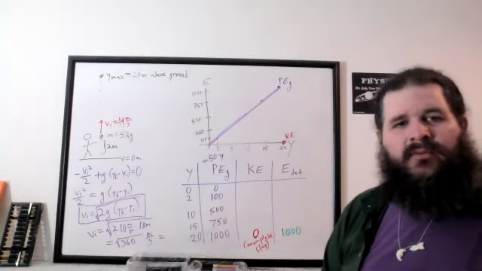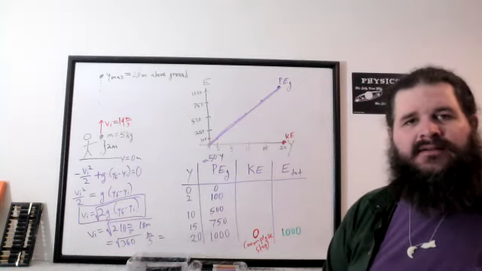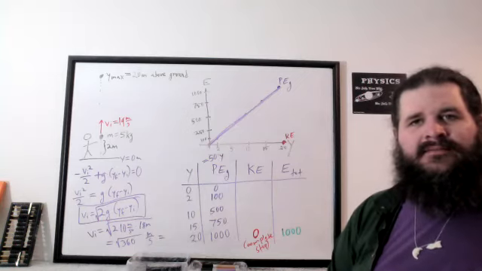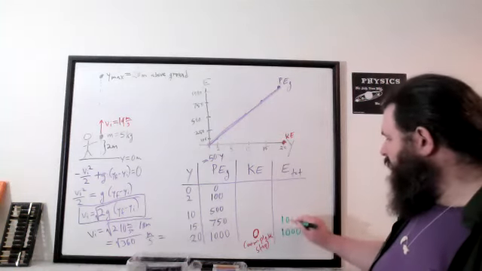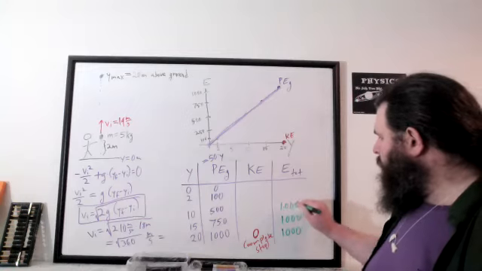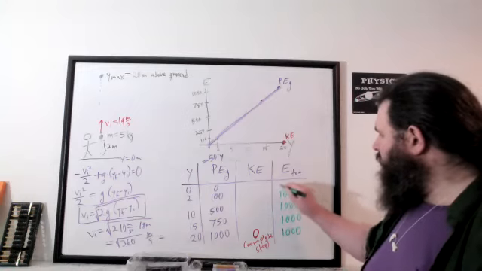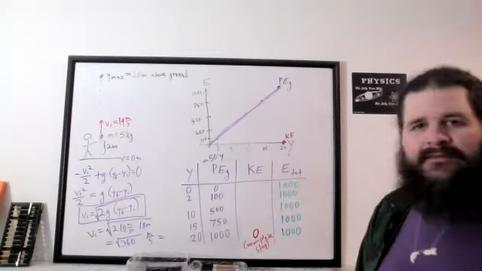And in a closed system, what should we assume about the total energy? It's constant. If it's 1,000 joules here, it's 1,000 joules everywhere. And so if we just graph a constant function, what would that look like on the graph?